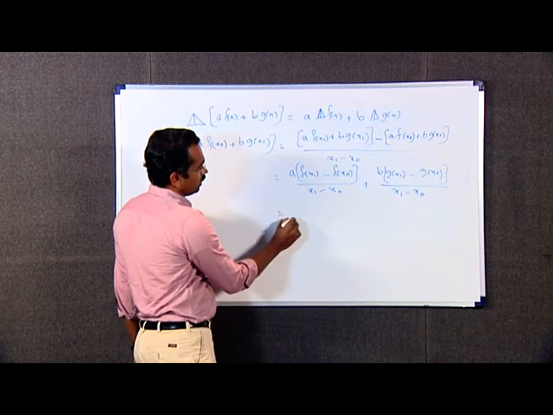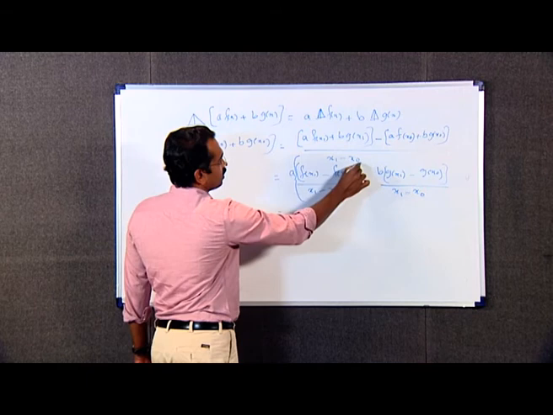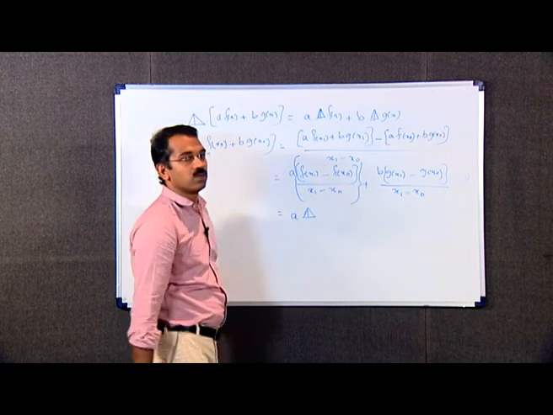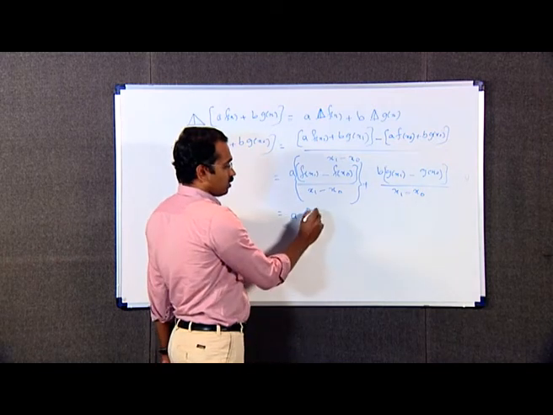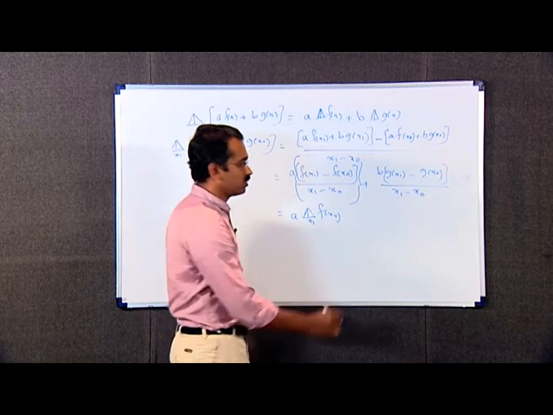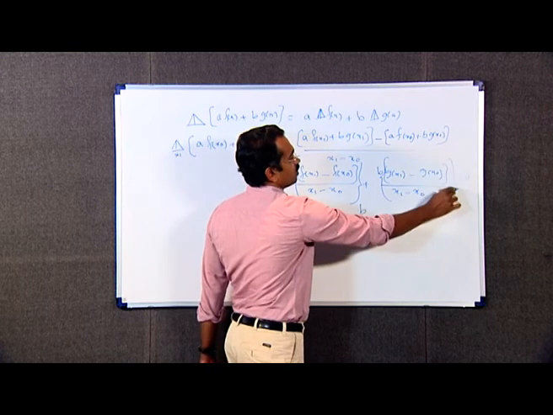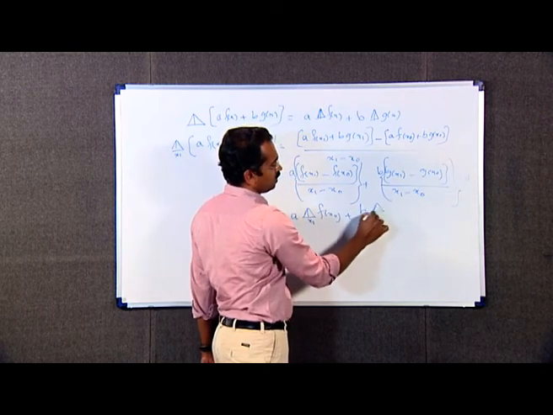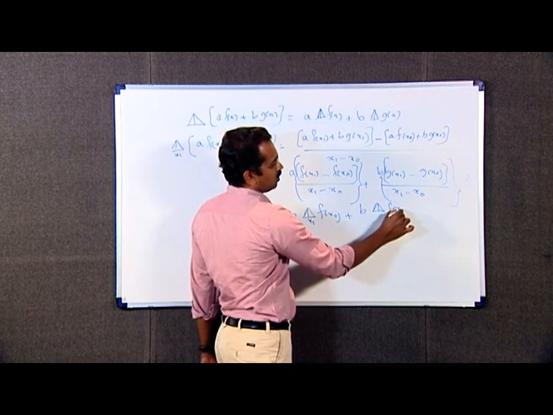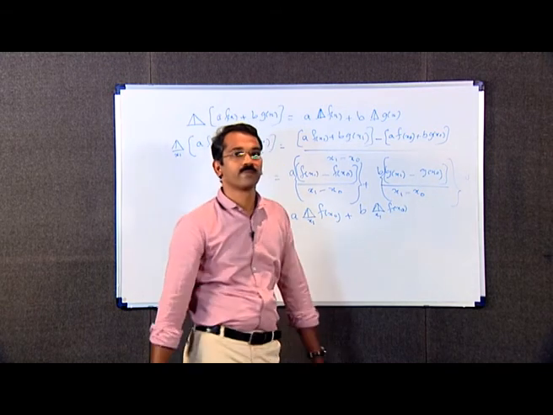This is equal to a into, by definition of first order divided difference, the divided difference corresponding to arguments x0 and x1, plus b into, by definition, the divided difference between the arguments x0 and x1.